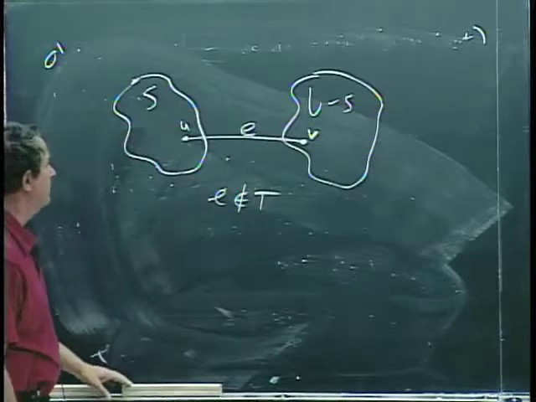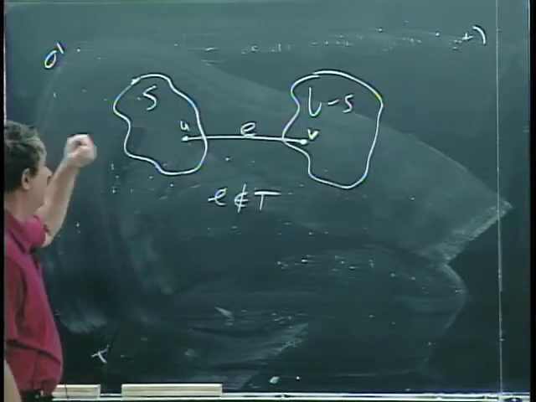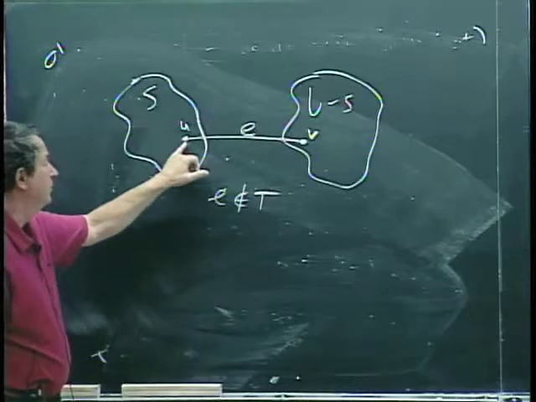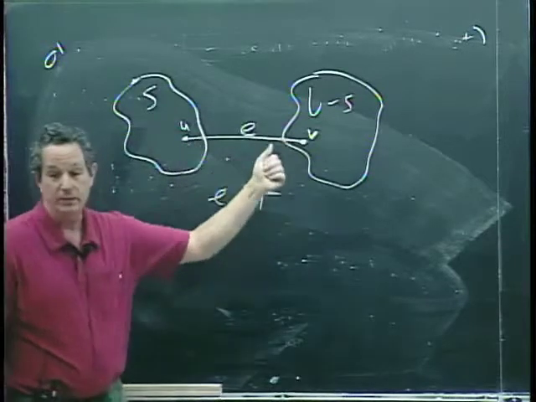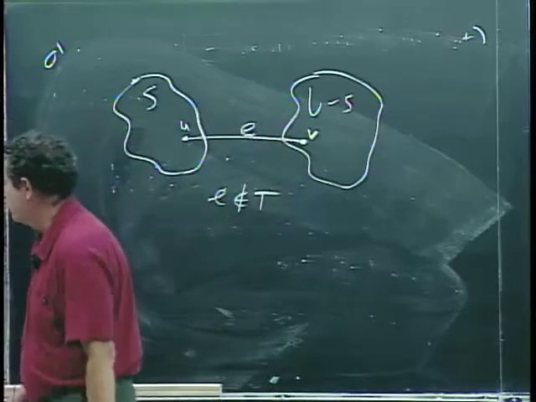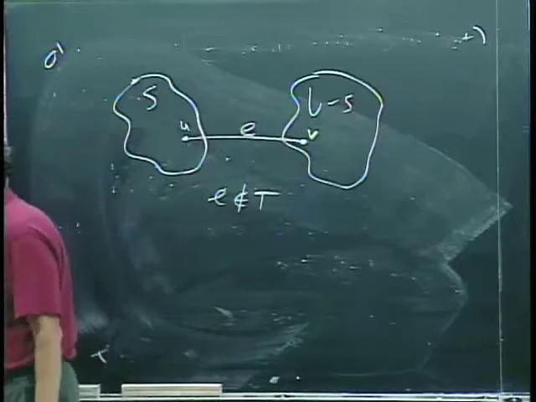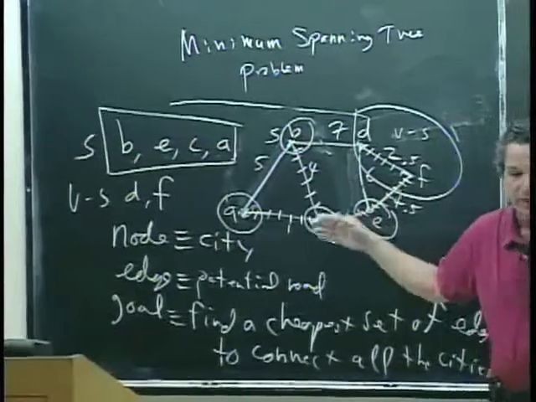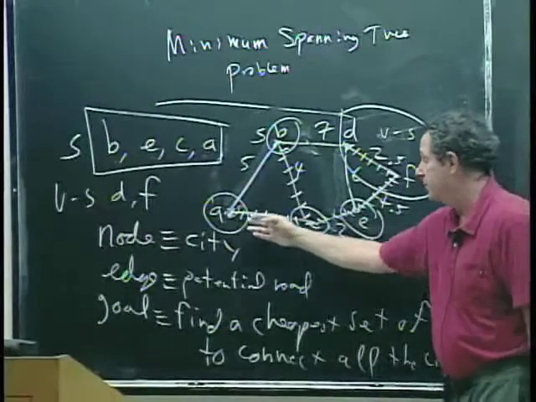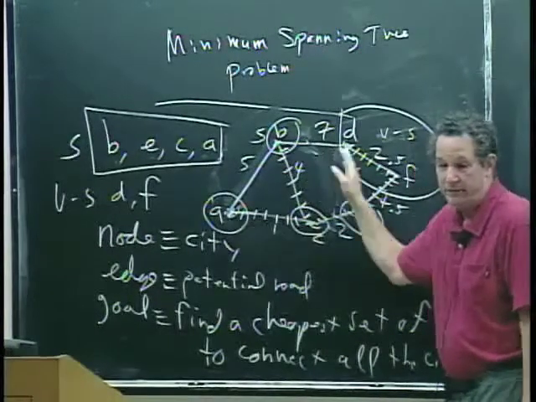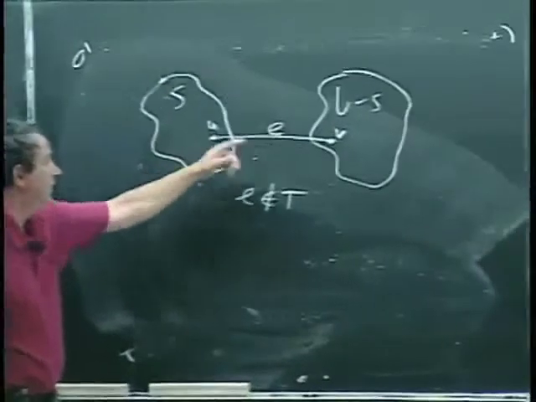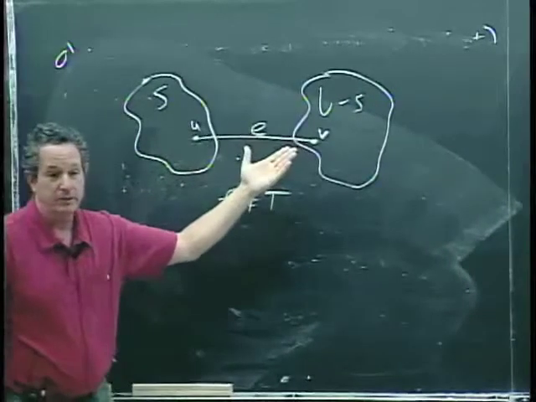So there has to be some way in the spanning tree, in T, that U can get to V, because that's the requirement of a spanning tree. It connects, the subset of edges connects every node to every other node. I mean, connects not directly through a single edge, but through some path. Okay, so in T, there is a way of getting from U to V, not by edge E, because edge E isn't in there.